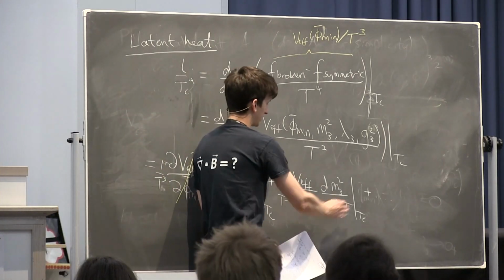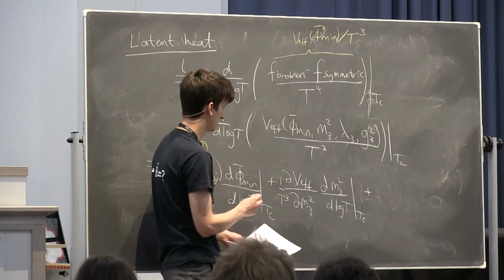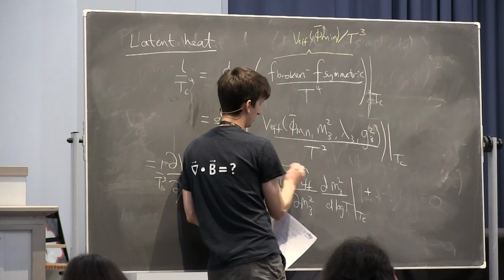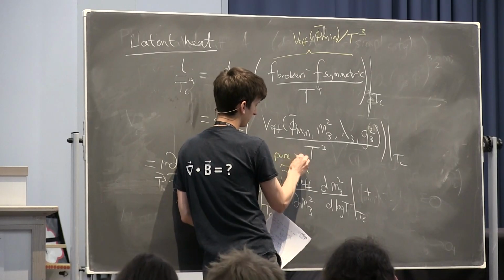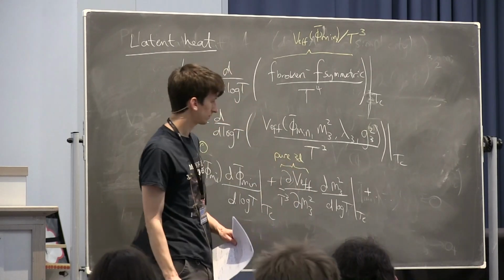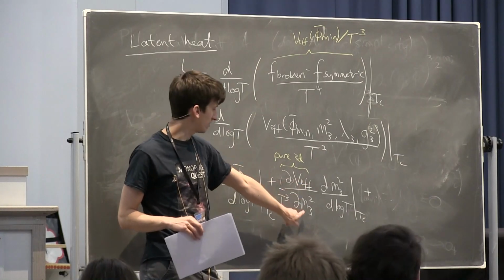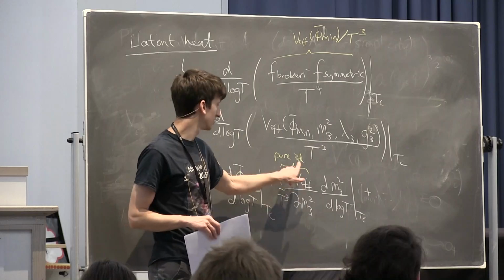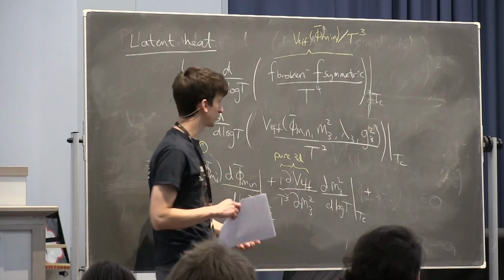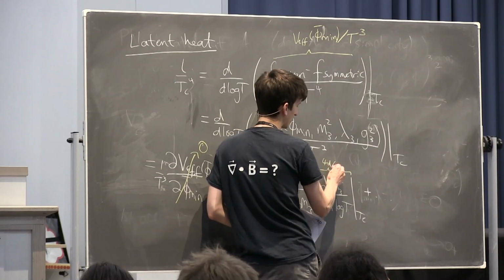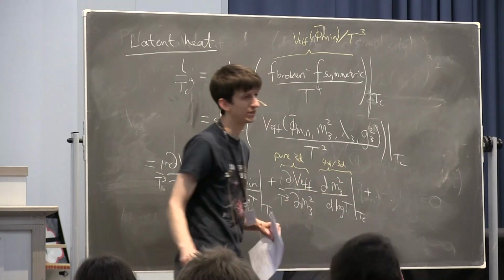And the structure of this term is somewhat interesting. This object here is pure 3D. If we know the effective potential within the 3D theory and its dependence on 3D parameters, then we know this object. This thing depends on dimensional reduction. So this is 4D/3D. This depends on the interaction of 4D and 3D.